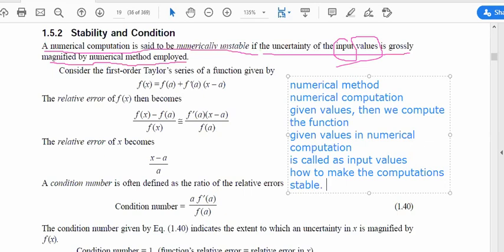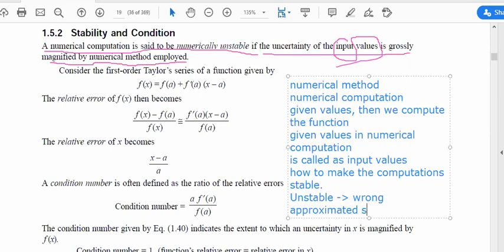What will happen if it is not stable? If it is unstable, then this will give us wrong results.